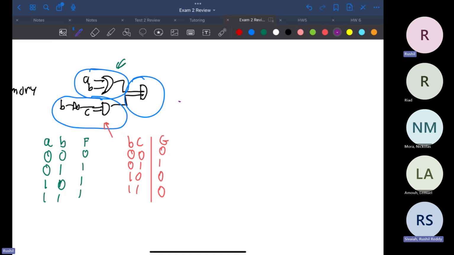All right, and then for the final one, this one's pretty obvious. We're going to put our inputs as F and G, and then our output can be Q. 0, 0, 0, 1, 1, 0, 1, 1. What's Q going to be equal to? When's it going to be 1?